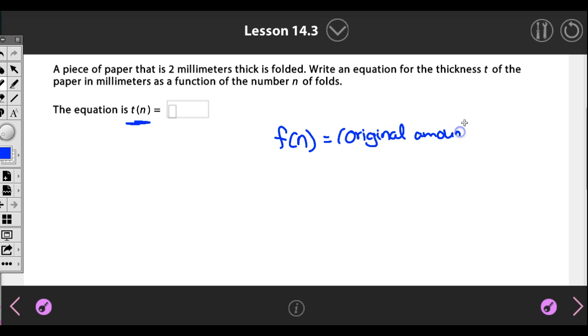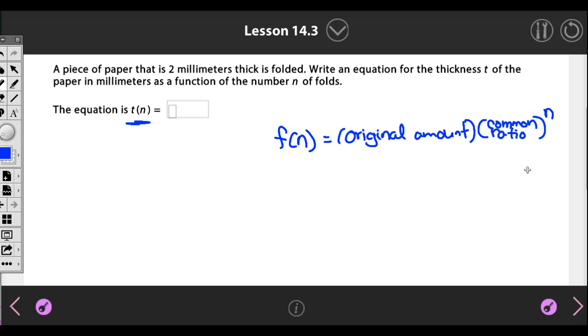And it could be the original amount of anything, times, and this is the ratio or the common ratio. And then you have to raise it by the power of N. And I say N because it's N over here. If inside the parentheses was an X, then you would raise to the power of X. Okay? And so that's normally the formula.